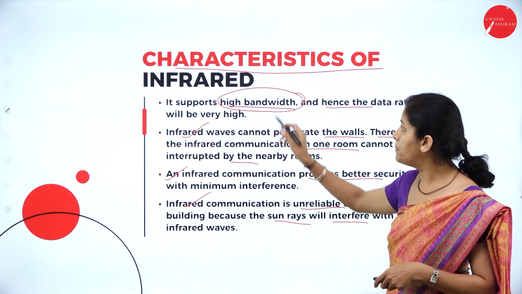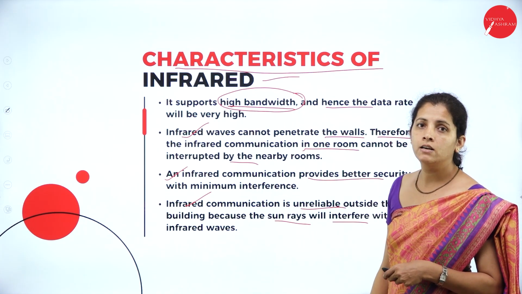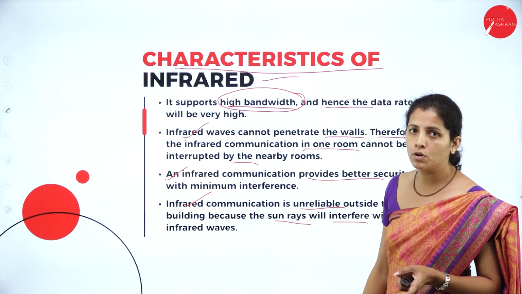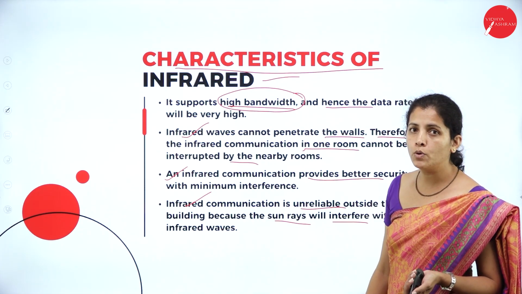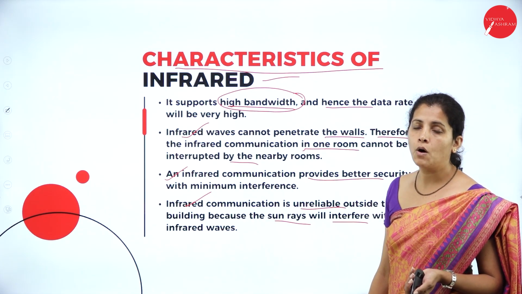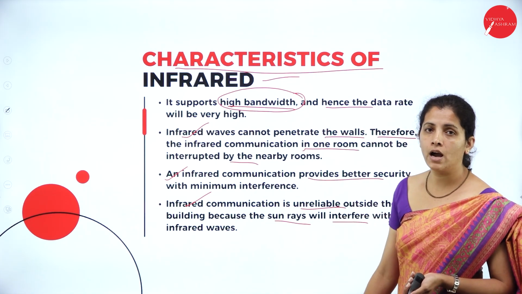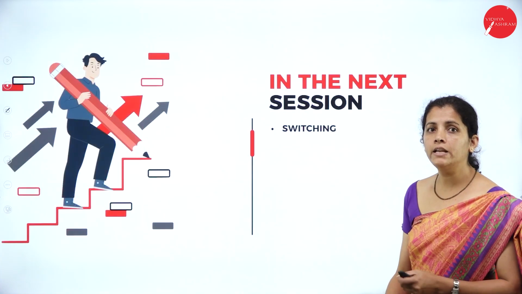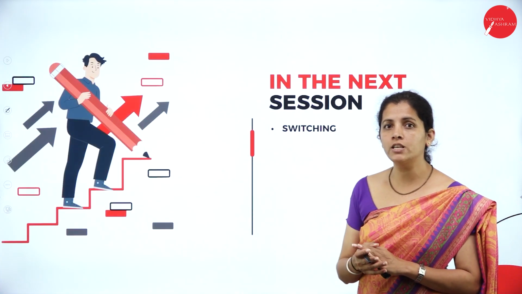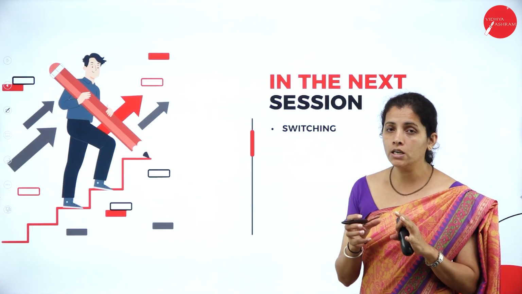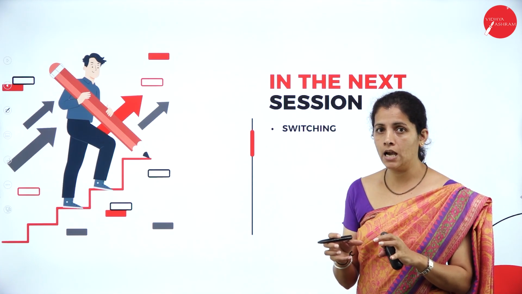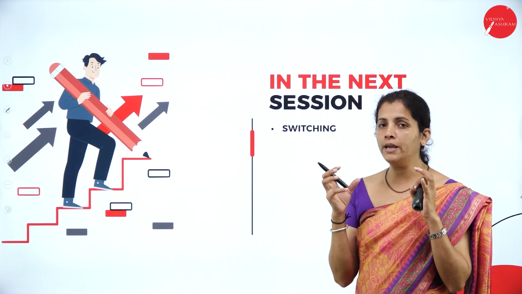Which examples can I consider here? TV remote or AC remote, wireless mouse or keyboard. These are examples of infrared. Anyway, dear student, in today's session I started with what is unguided media. How to remember the topic?